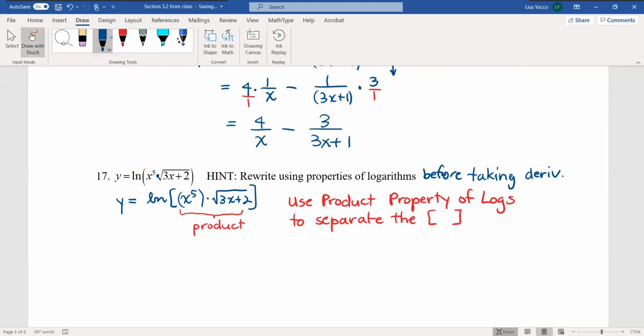Okay, this is the product property. It says that's the ln of x to the 5th plus the ln of the square root of 3x plus 2.